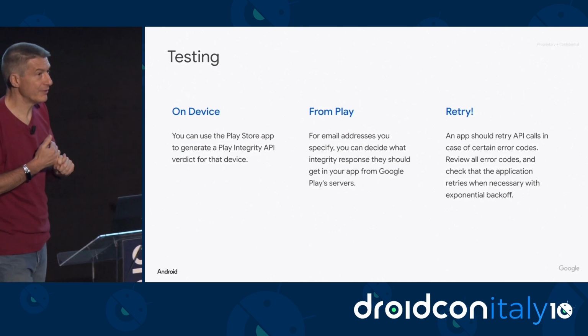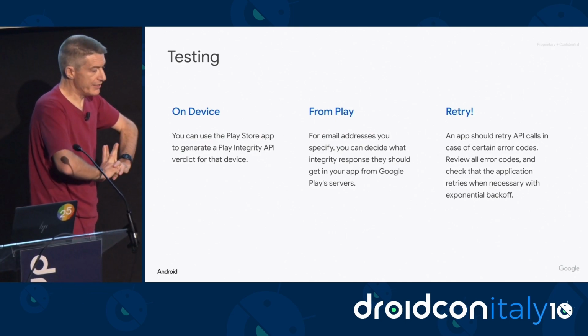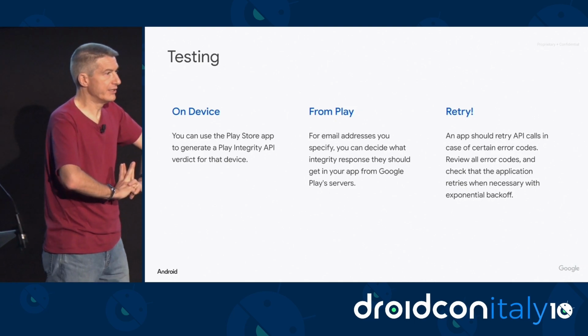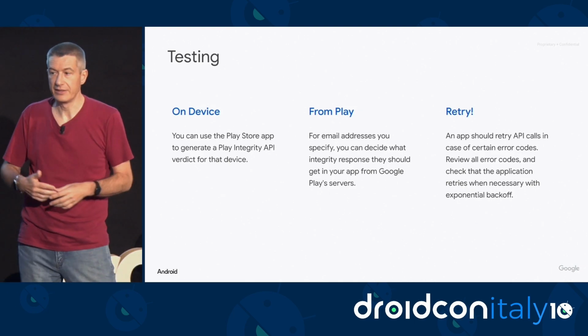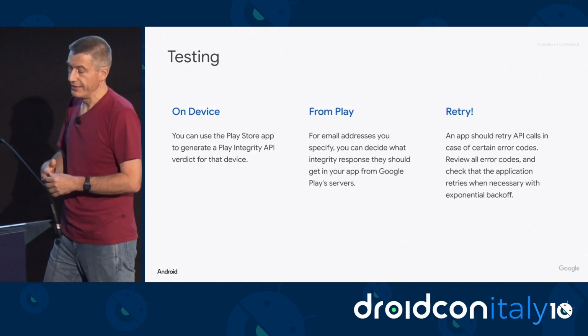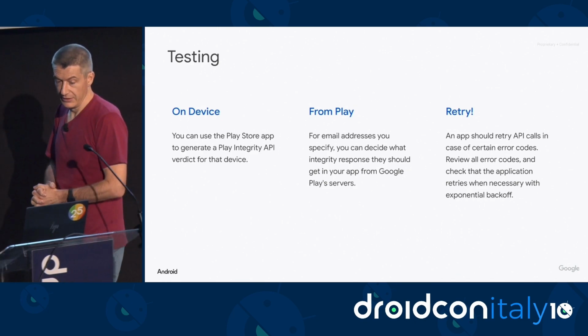For testing, we have 3 different ways to do the testing. On the device, you can check if you have a problematic device and you don't know why it's not working. From Play, you can ask to generate a device integrity result.